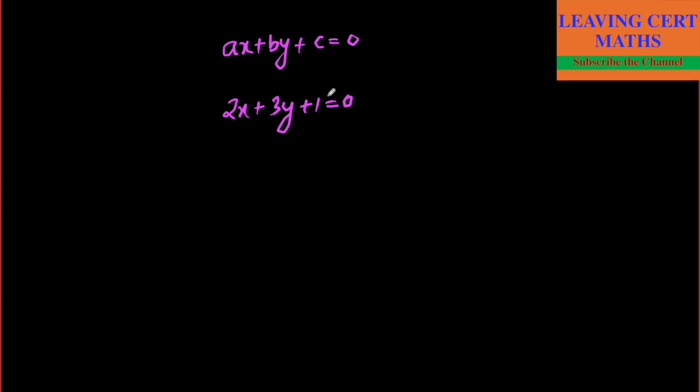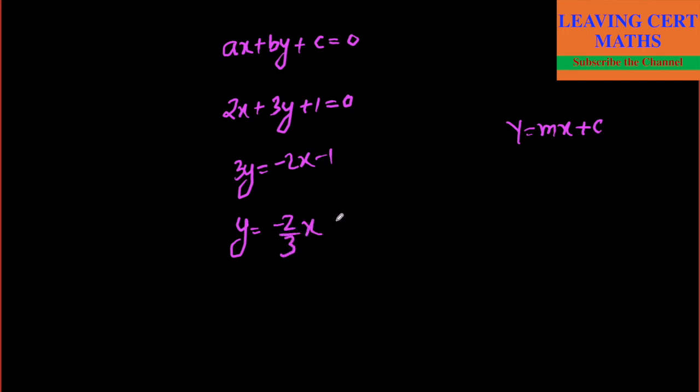We have to manipulate this into the form y equal to mx plus c. You have to rearrange. To rearrange this, can I write 3y is equal to minus 2x minus 1? And divide everything by 3, you'll get y equal to minus 2 over 3 x minus 1 over 3.